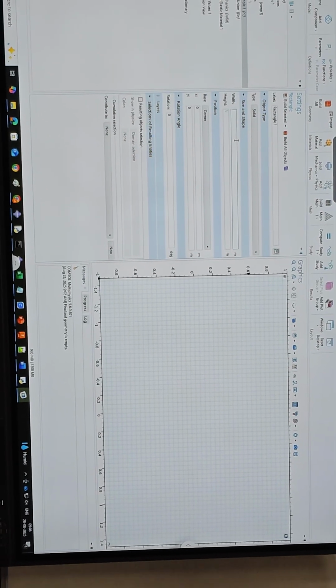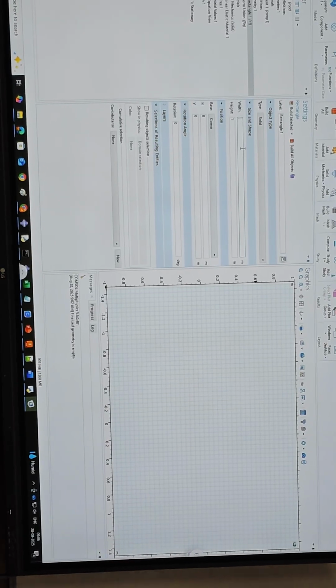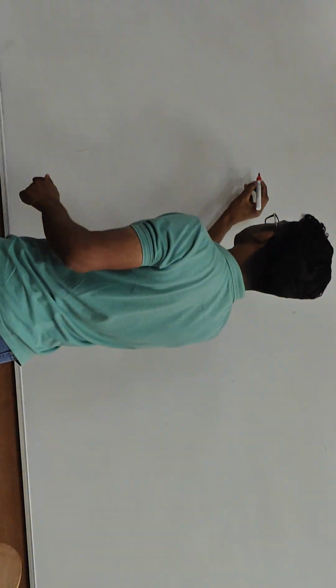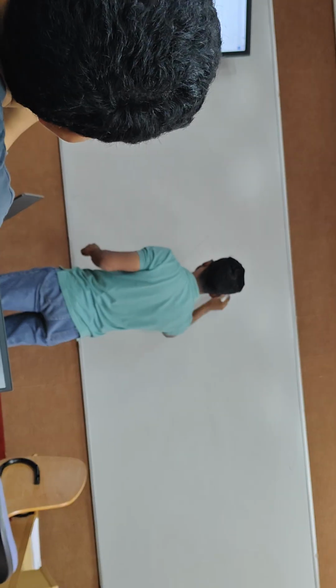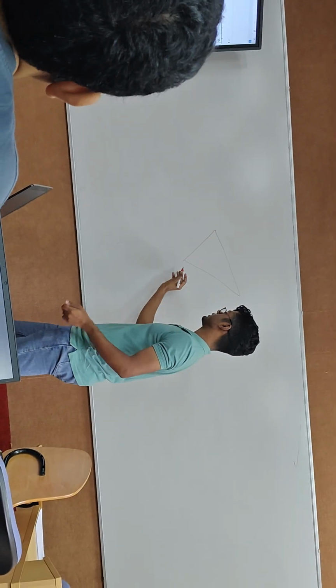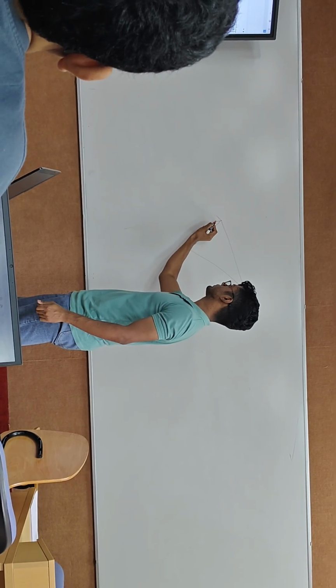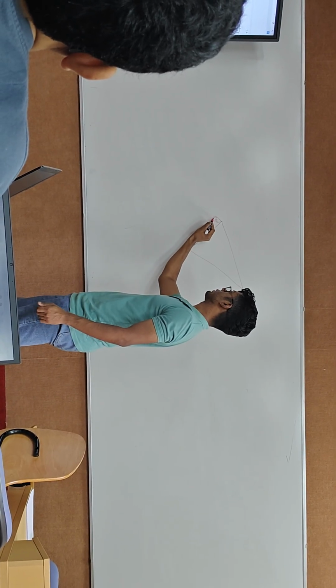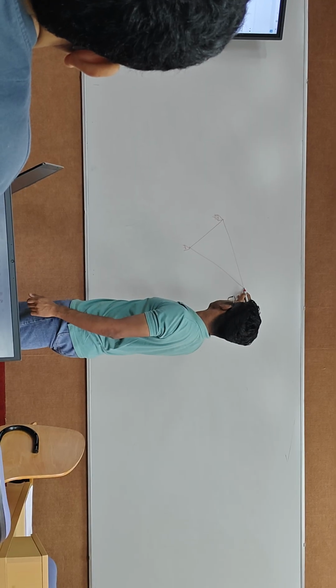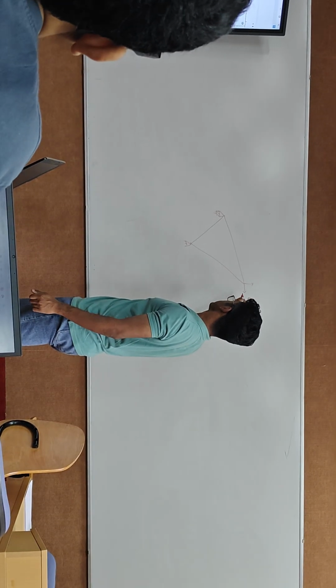So let's say I'm going to have a structure. Just draw it. We'll take a structure like this. We'll keep this as the fixed point. We'll keep this as a roller, and then we'll add a load here, right?